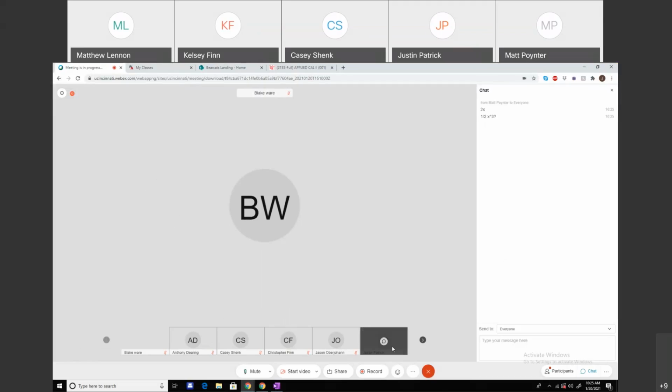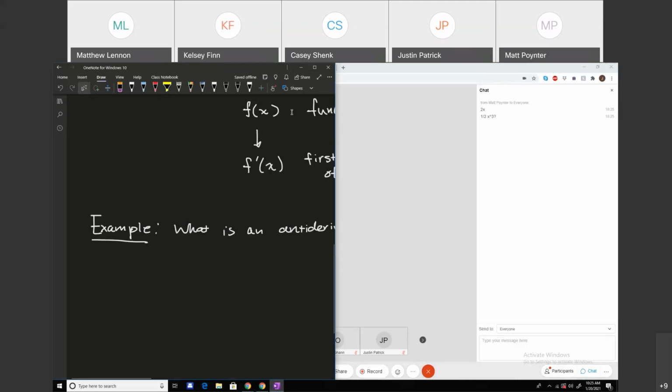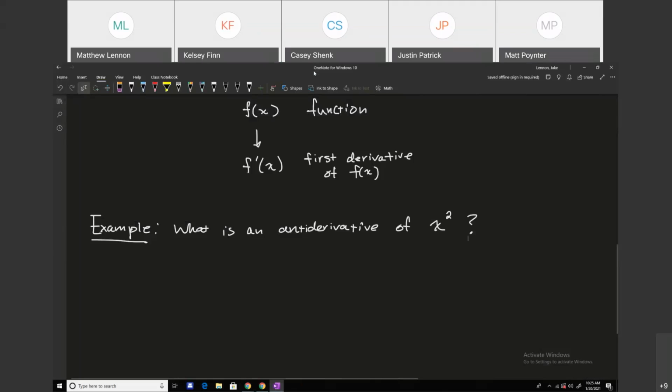So let's take a look at that guess. Let's investigate that. The first guess we got, 1/2 x cubed. The way we could check is we could take its derivative. And if you take the derivative and end up with x squared, you did the right thing. So if we take the derivative of this, we would get 1/2 times 3 times x squared.